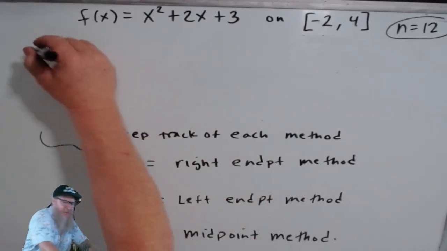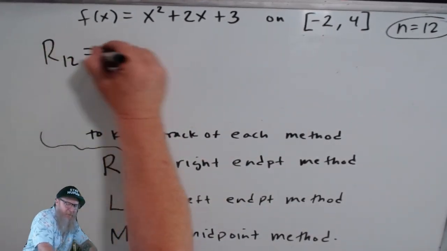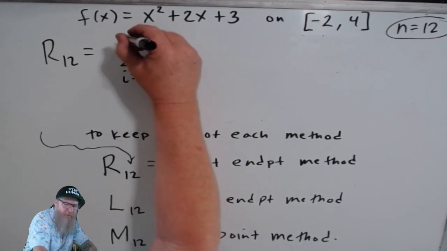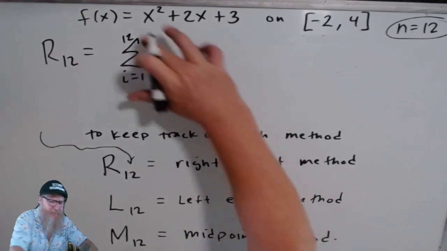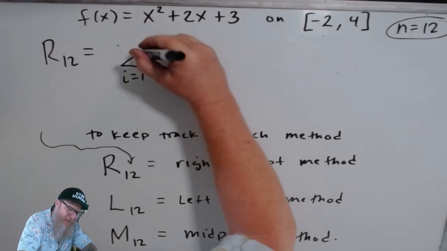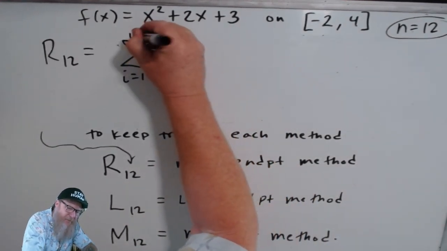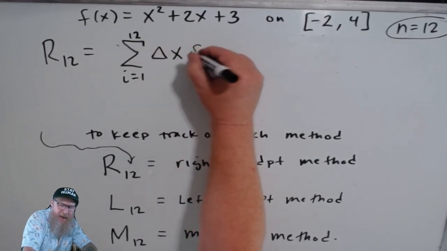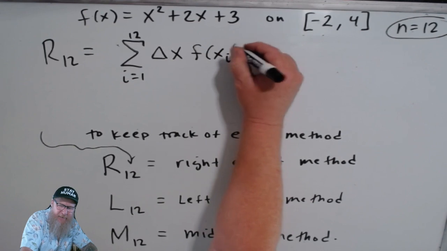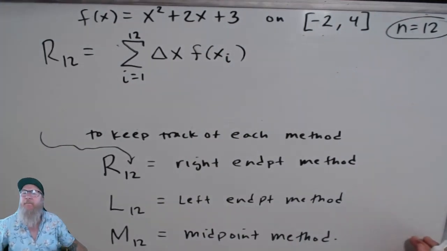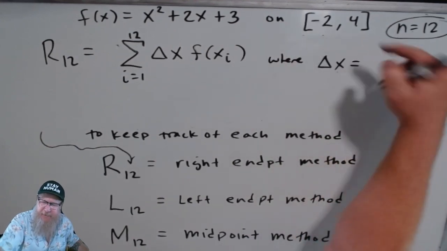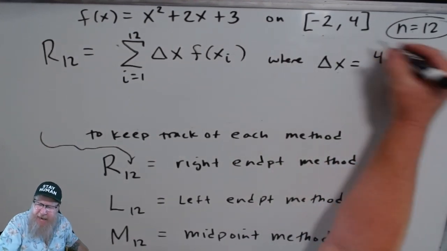All right, so let's start with R12. So R12 is the sum from i equals 1 to 12 of delta x f of xi, where delta x is b minus a.